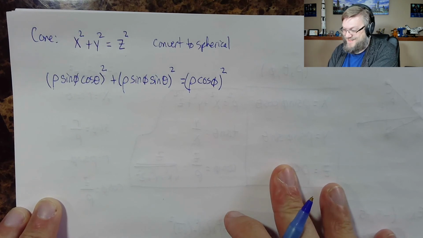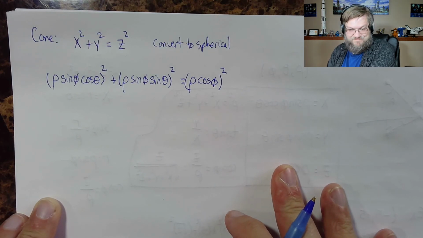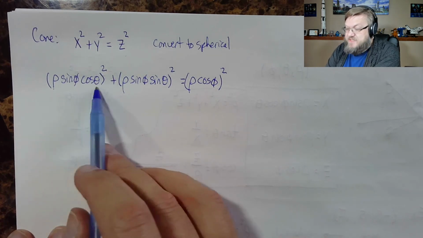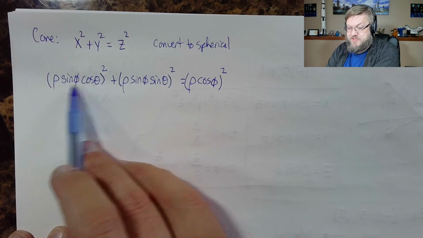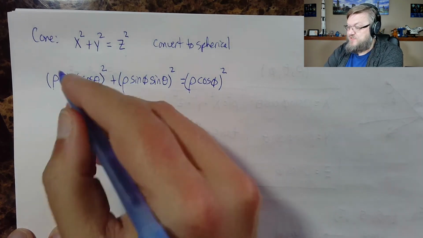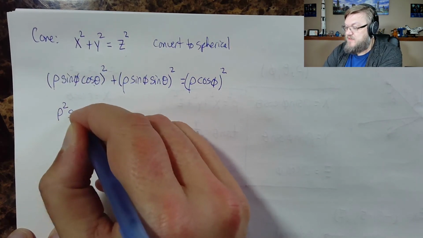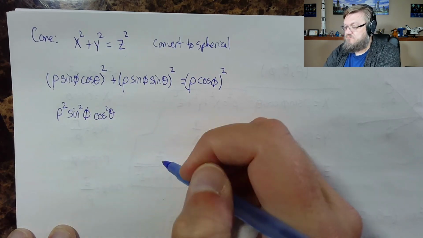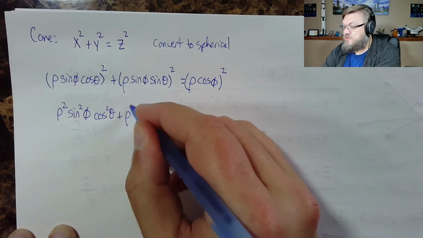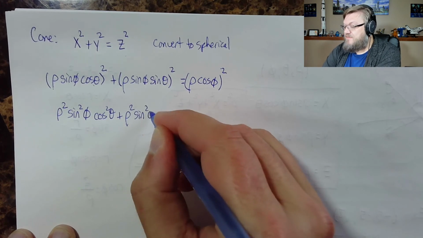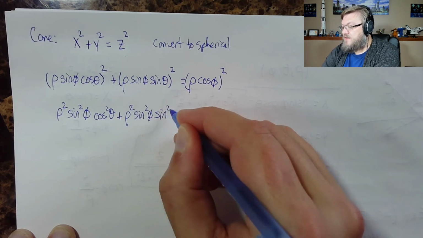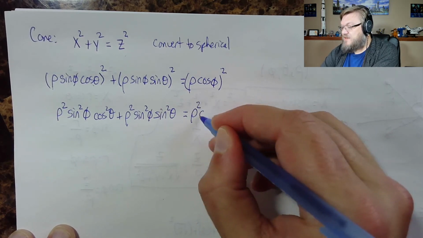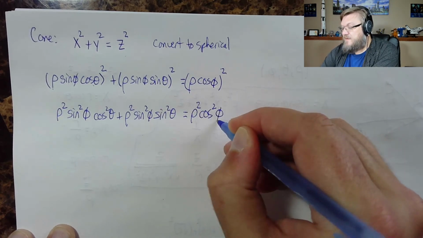It's going to get ugly. Okay. Now this isn't too bad because there's no foiling or anything. So this just is rho squared sine squared phi cosine squared theta plus rho squared sine squared phi sine squared theta. And that equals rho squared cosine squared phi.